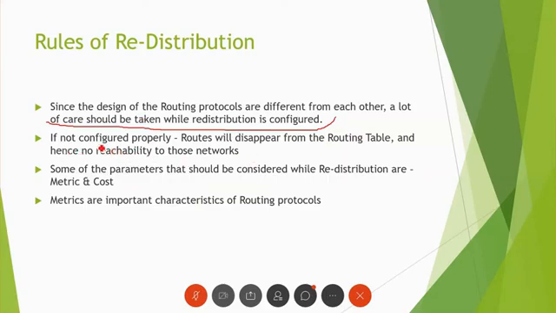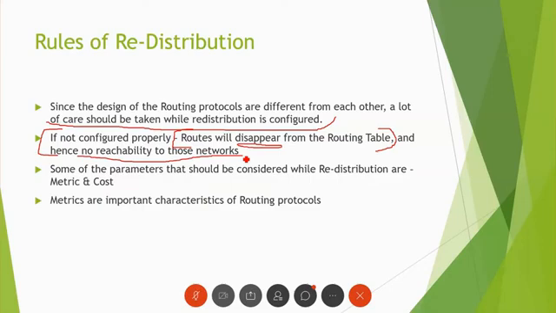If not configured properly, and this is the important point here, routes will disappear. This rule applies to one-way redistribution also. After redistribution, the routes will disappear from the routing table, and hence there will be no reachability, meaning there is no data movement from one network to another.